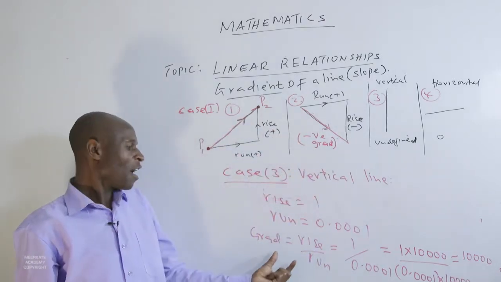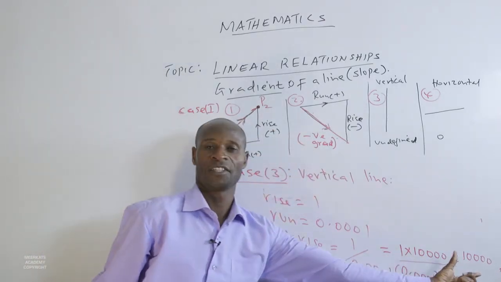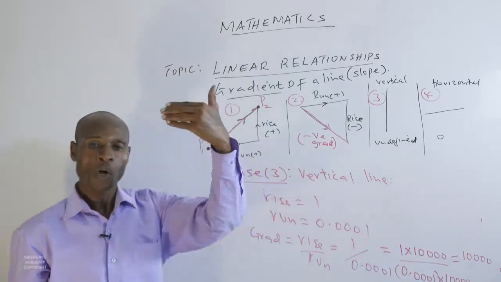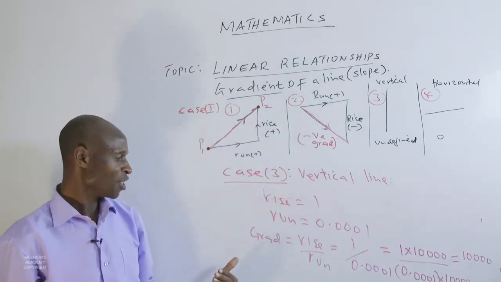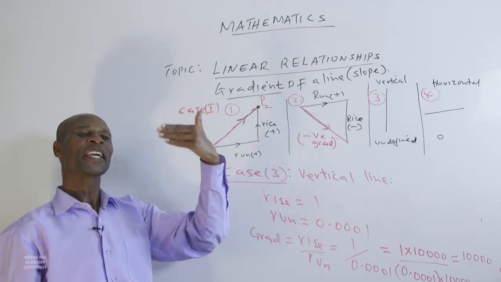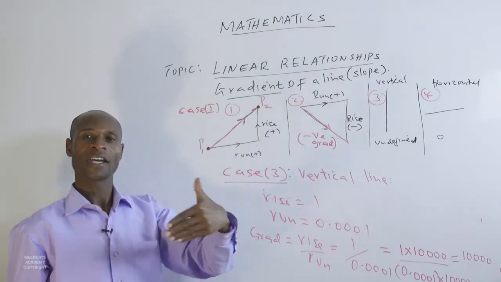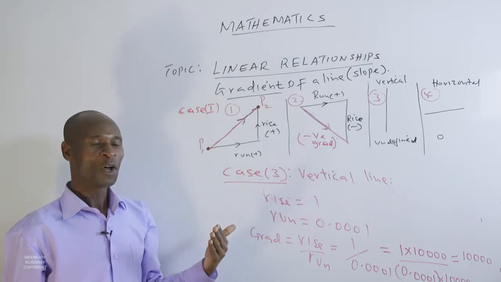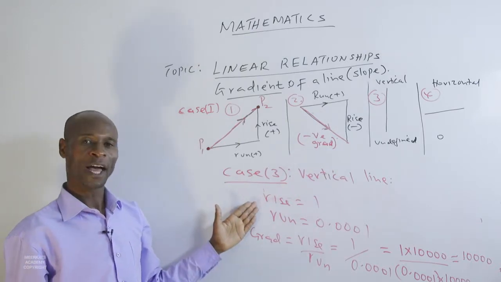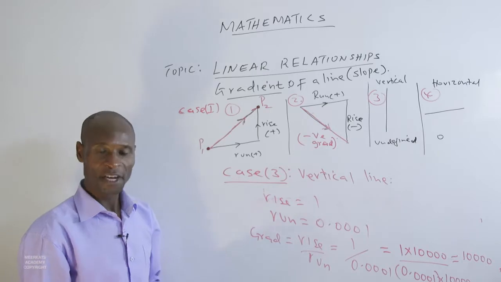And you find that the value of our gradient is very large. So if we continue reducing the value of the run, the gradient will continue being very large and large and large. And therefore, such a gradient for a vertical line, we say it is undefined.